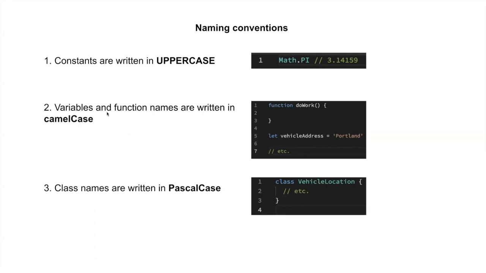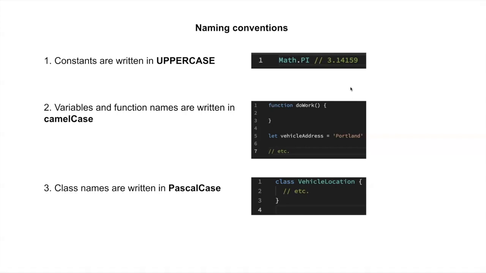Okay, so what we need to know is that these two things, variables and functions, are usually named in so-called camel case, and the way camel case works is that your very first letter is in lowercase, and you are combining words to create a name for your entity, whether it's a variable or function.